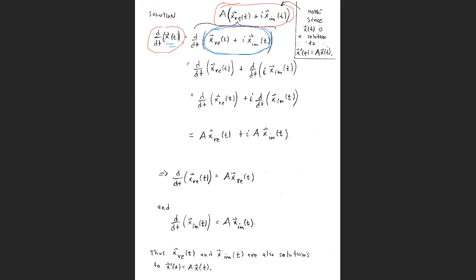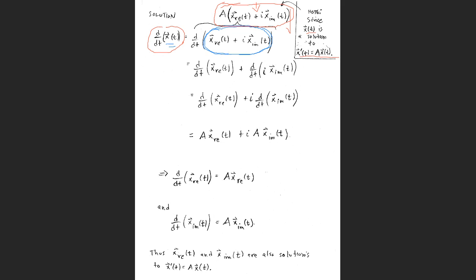And what is x of t? It's x sub real of t plus i times x sub i of t. We can say this because we're told by hypothesis that the vector x is the solution to the linear system of differential equations. We're going to make use of this fact later. Okay, but let's continue forward.